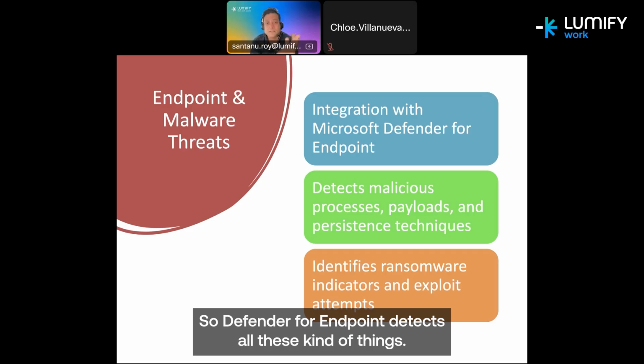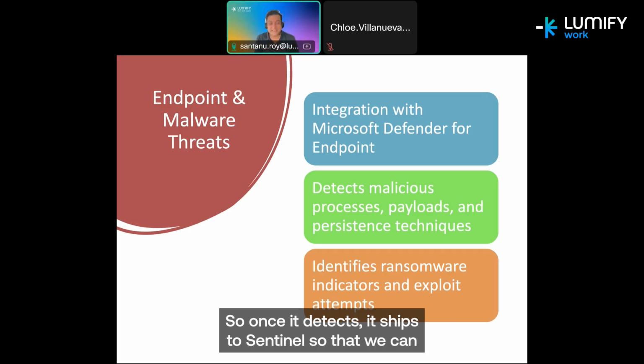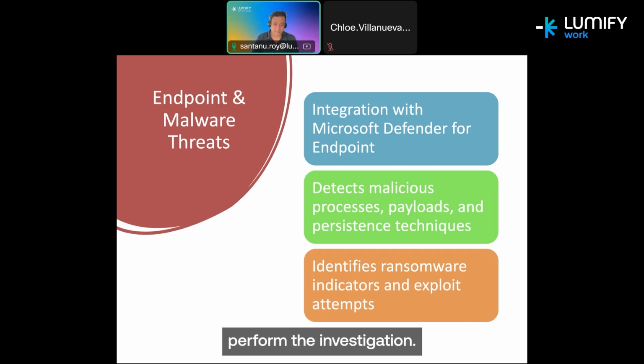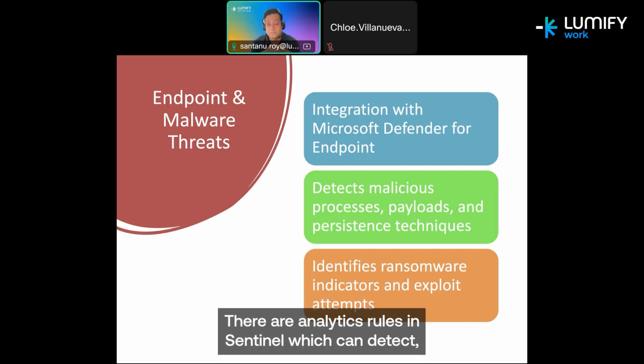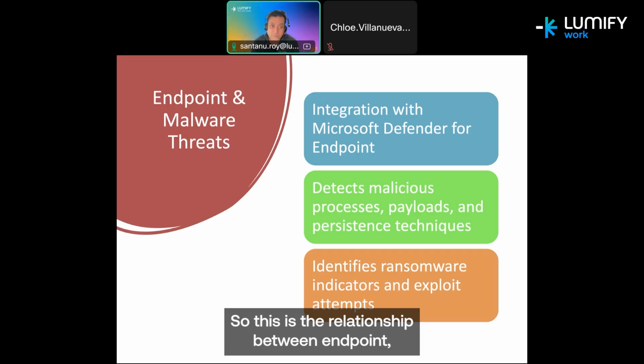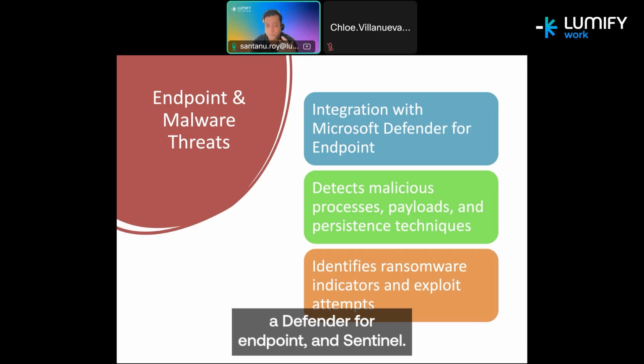So Defender for Endpoint detects all these kinds of things. Once it detects, it ships to Sentinel so that we can perform the investigation. There are analytics rules in Sentinel which can detect ransomware and other types of exploitation attempts at an endpoint level. Okay, so this is the relationship between Defender for Endpoint and Sentinel.